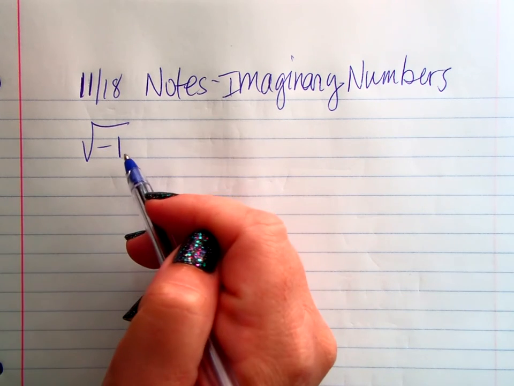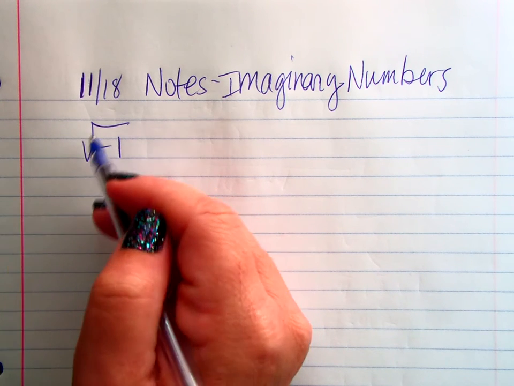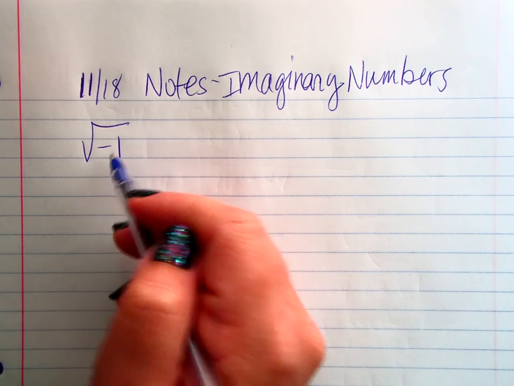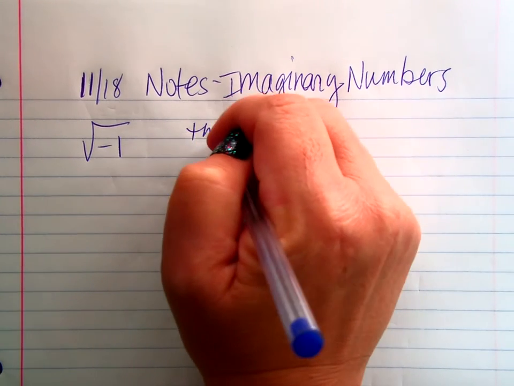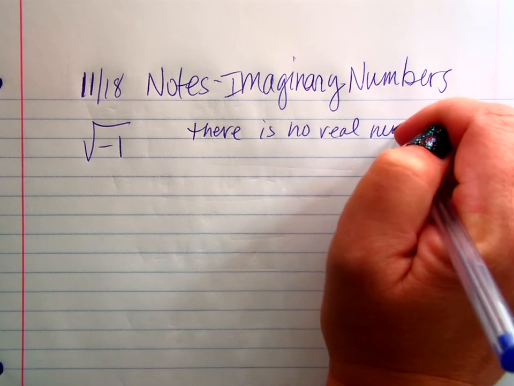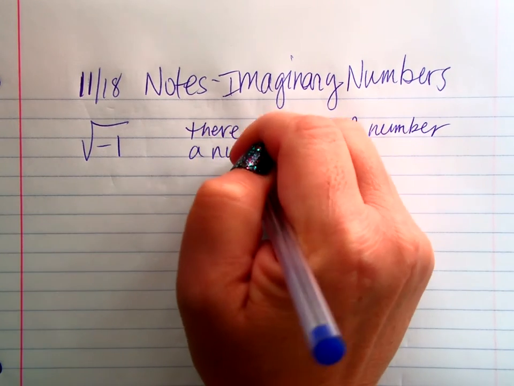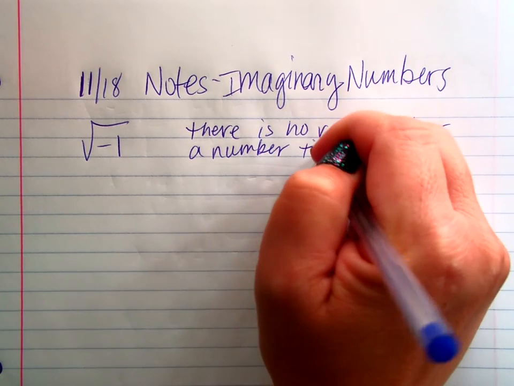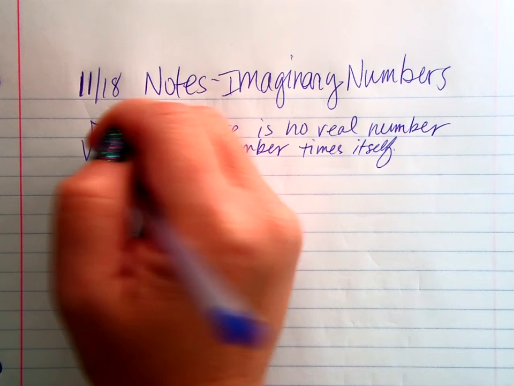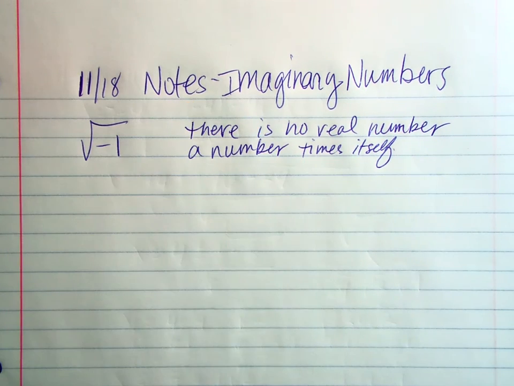All right. Thousands and thousands of years ago, when mathematicians or just regular people were looking at this square root of -1, because there is no real number in the real number system, a number times itself that can equal -1, we used to think, oh, there's no solution, okay?